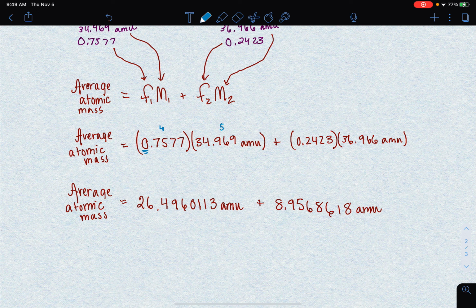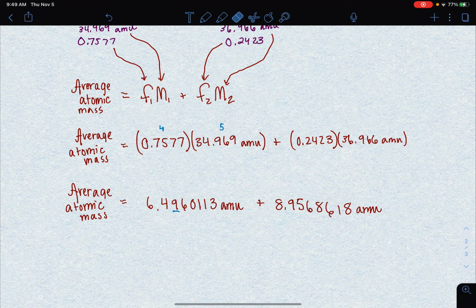For the first one, remember that you never count beginning zeros, so you can just pretend it doesn't exist and count from the 7 on. That means my final answer should have 4 sig figs: 1, 2, 3, 4. I'm not actually going to round it, but I will write down which of the digits are significant. You can do that by underlining them, or by underlining just the last one.